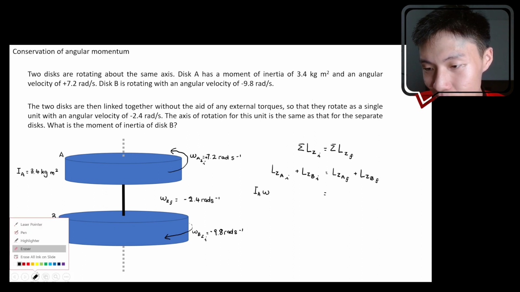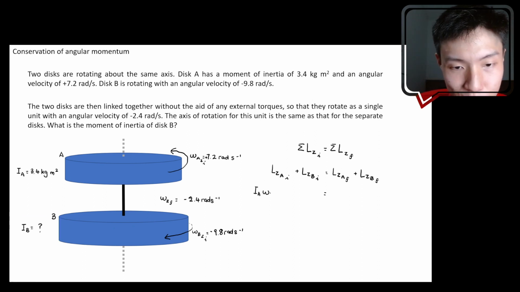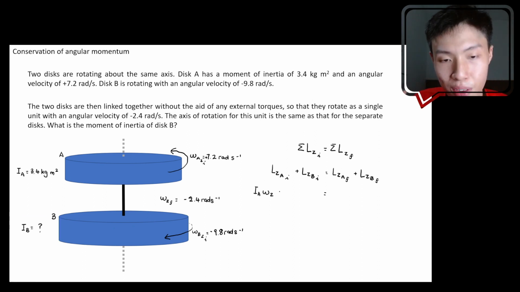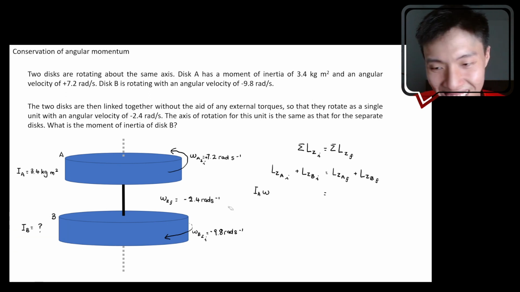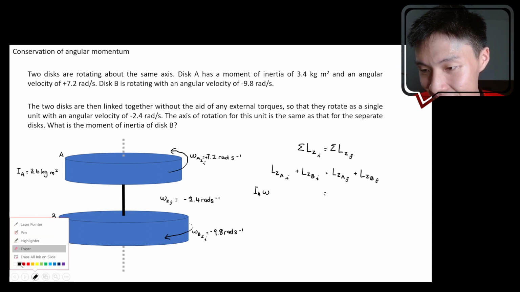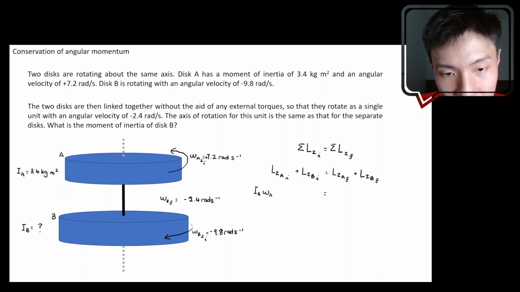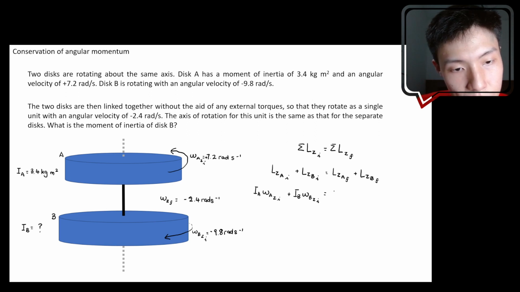I'll just do it the complicated way first, then I'll tell you what you can remove. The Z component of angular velocity for A. It will be IA omega A, Z initial, plus IB omega, the angular velocity for object B, but the Z component only, initial.